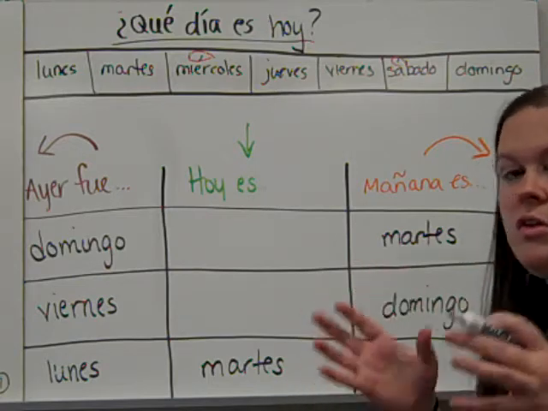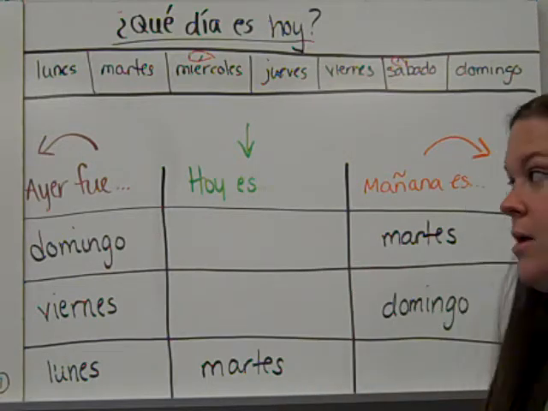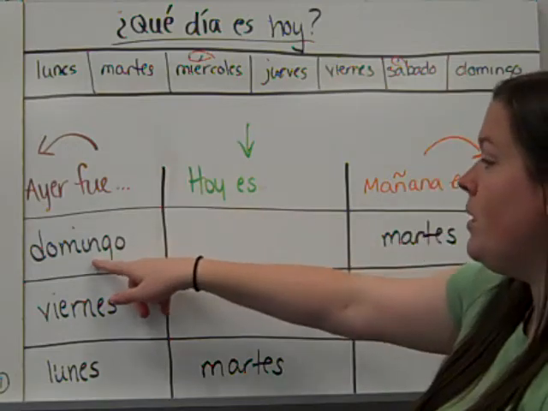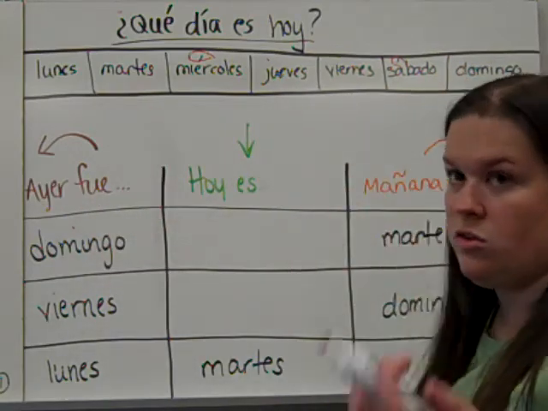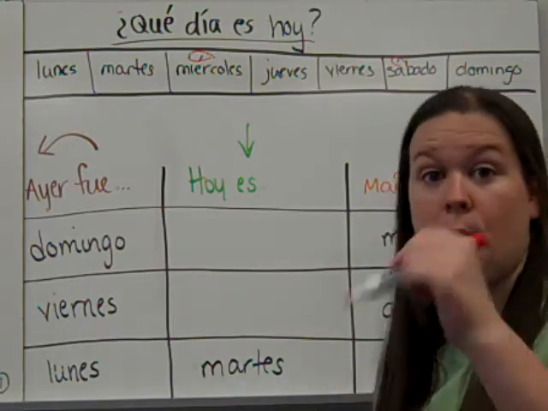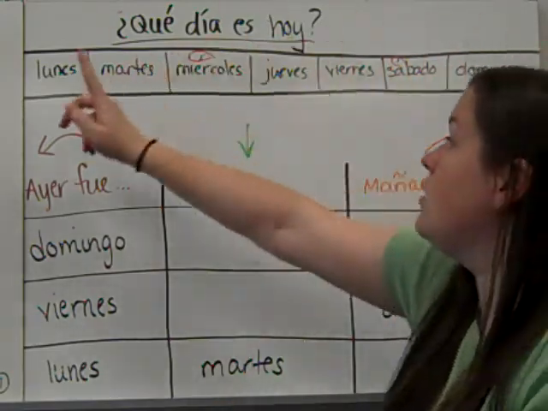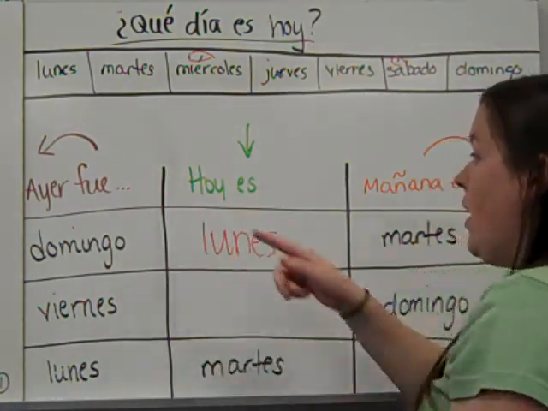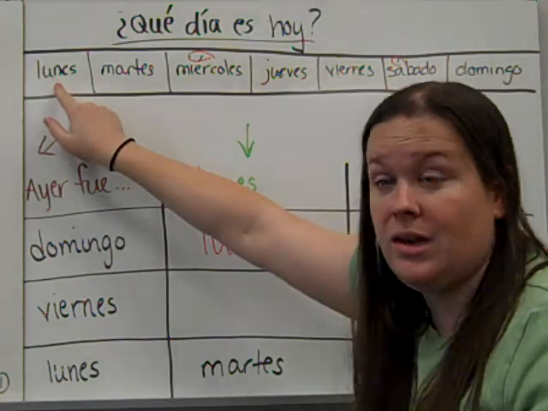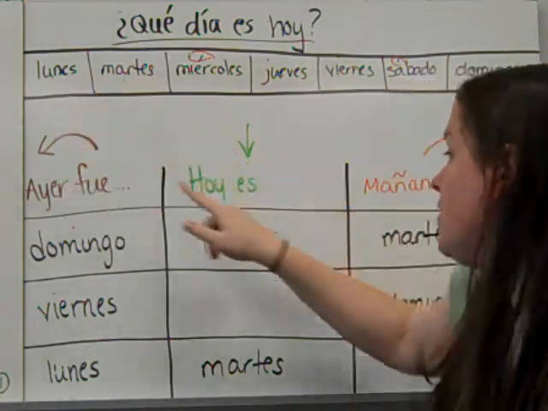So just talking about physical days of the week, nothing with numbers yet. So ayer fue domingo, yesterday was Sunday. So if yesterday was Sunday, today is going to be Monday. So you go forward to lunes. And if you're right, after that, the next day is going to be Tuesday, martes.